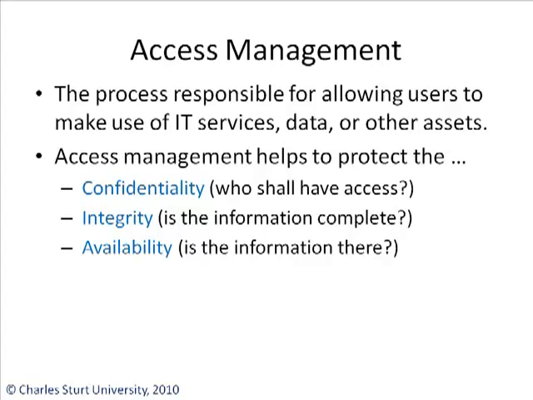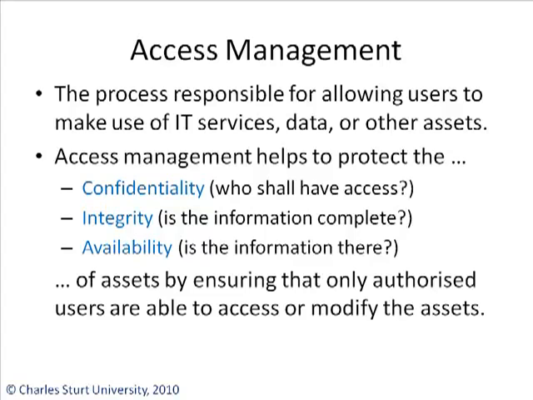Access management helps to protect the confidentiality, integrity, and availability of information. Confidentiality: who shall have access to what? Integrity: is the information actually complete and not being tampered with? And availability: is the information actually available, is it there when we need access to it?